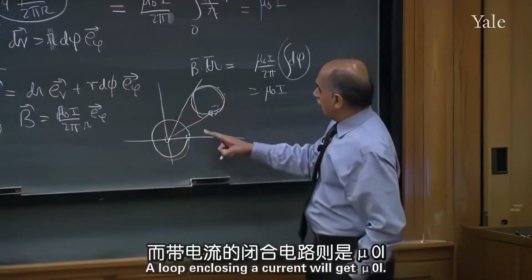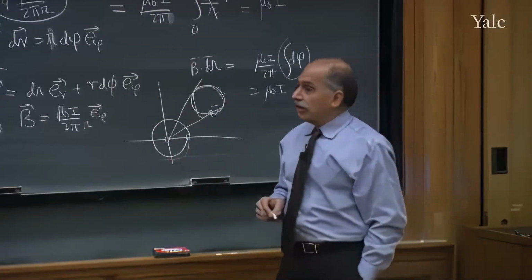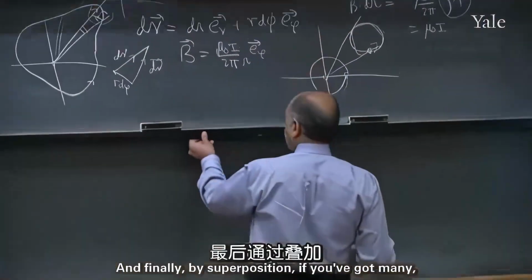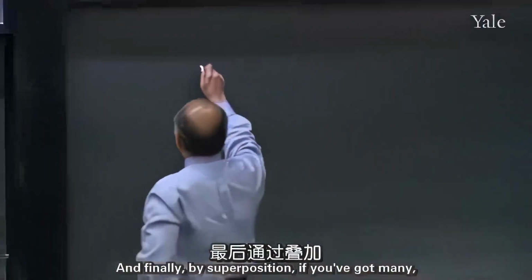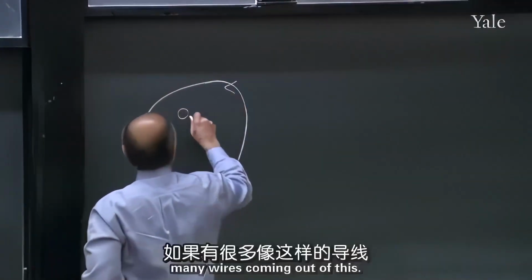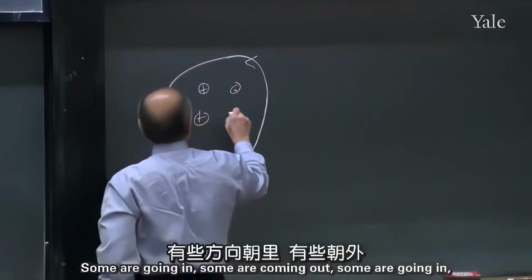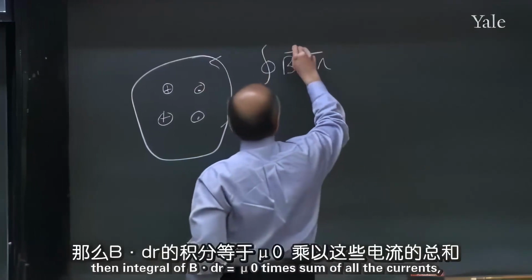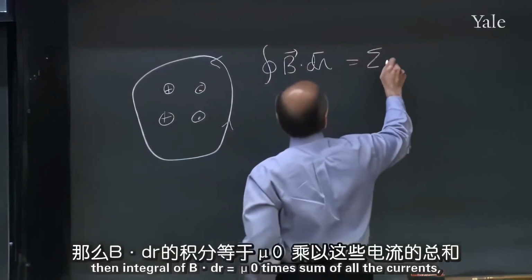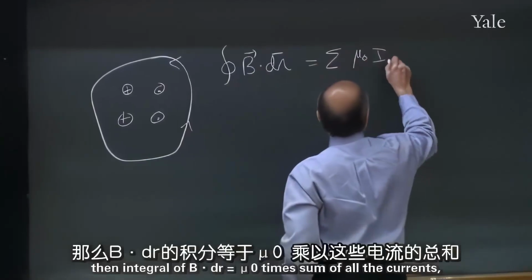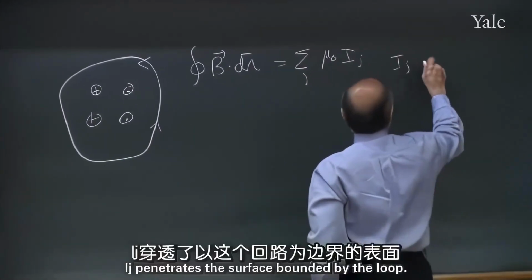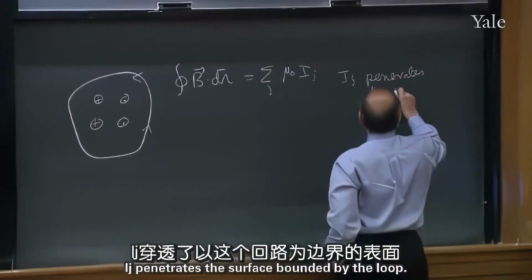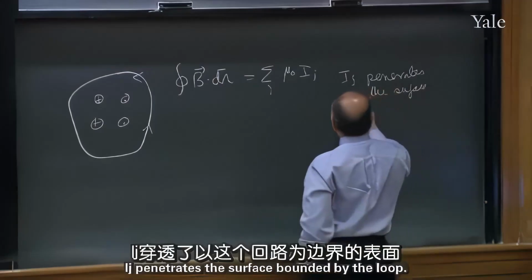A loop enclosing a current will get mu 0 I. And finally, by superposition, if you got many wires, some going in, some coming out, then the integral of B dot dl is equal to mu 0 times the sum of all the currents I_j that penetrate the surface bounded by the loop.